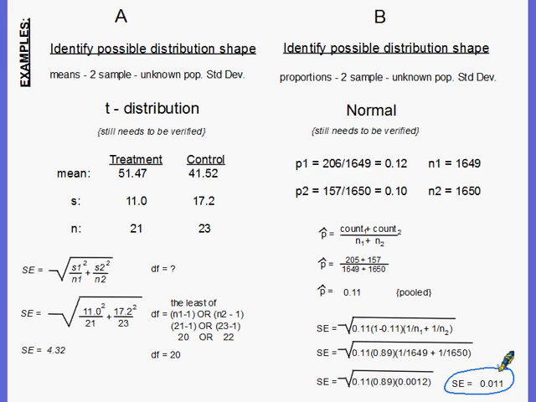So really, we have our two proportions. This is our t distribution. All right, this is our normal distribution. We identified the shape, didn't verify it, granted, but we'll continue anyway.